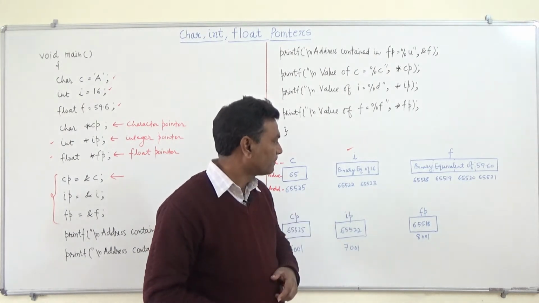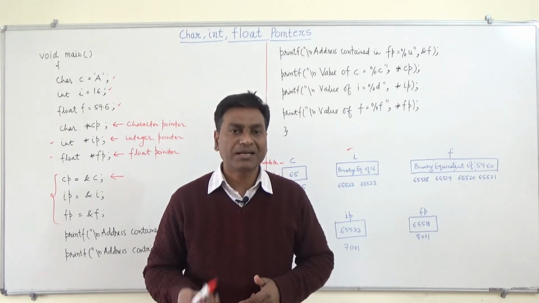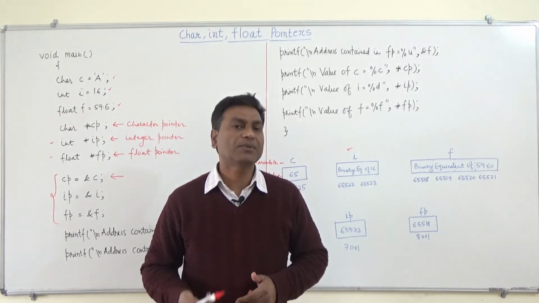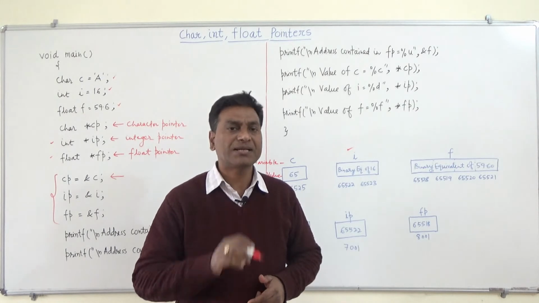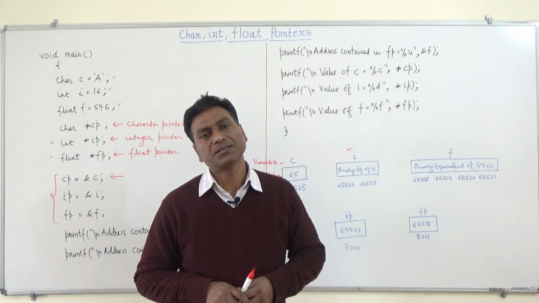Now we will see how these addresses are taken by the pointers. Normally a pointer takes the base address, or we can say it holds the first address of the memory.